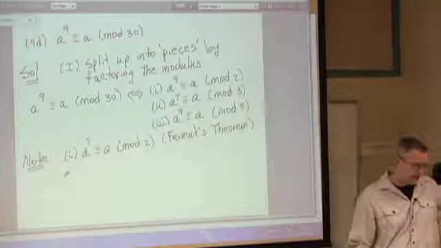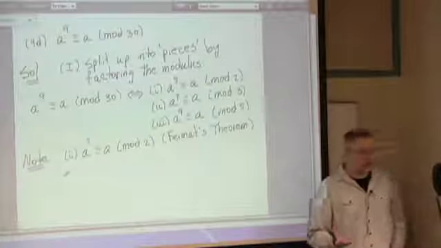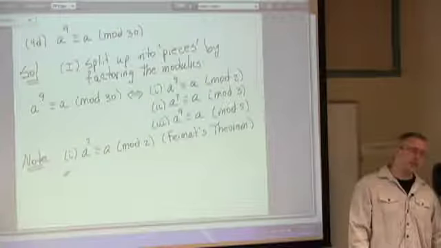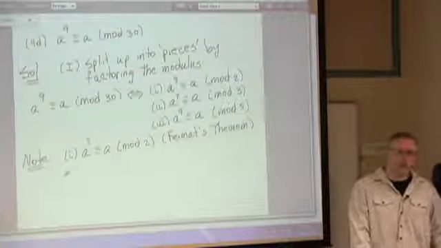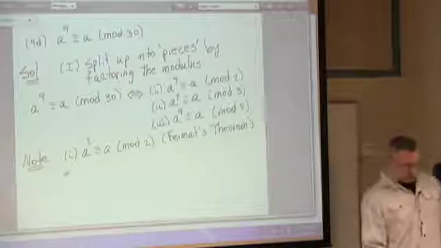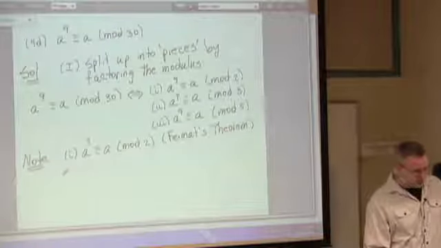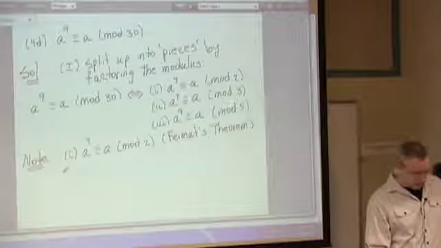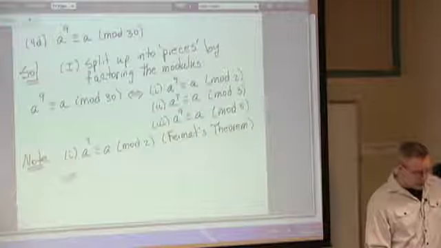So remember this: for any prime p and any integer a, a to the p is congruent to a mod p, right? So once you've got this, well, what can you say? I'm not going to go through all of this, but you can raise both sides to the 4th power, right?